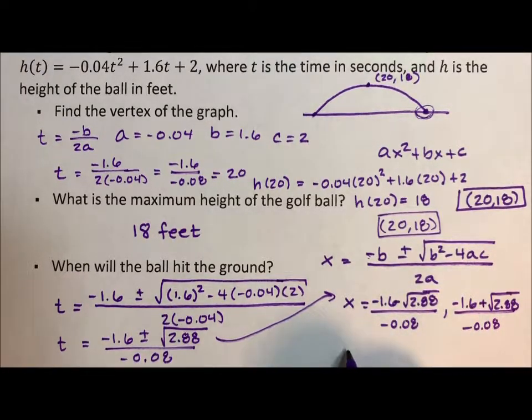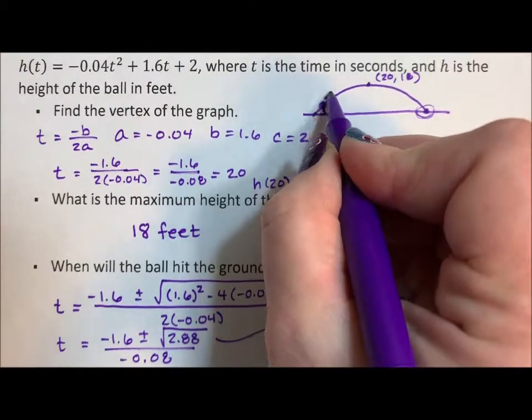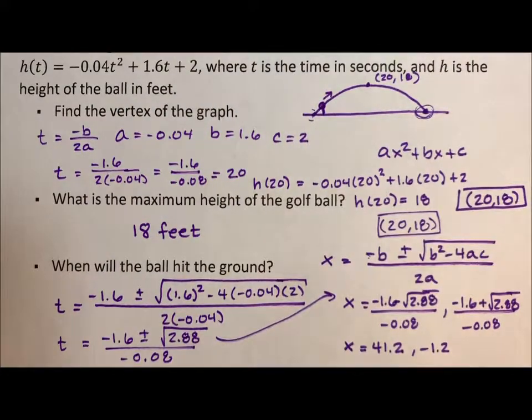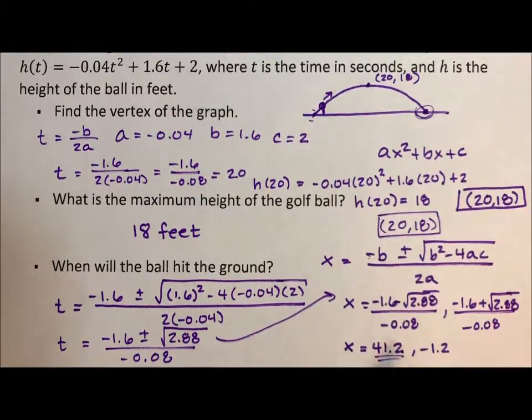If I throw each of these into my calculator, I get that t is equal to 41.2 or negative 1.2. And that's because she's really hitting the ball at this point. If she hit it backwards at the exact same angle and everything, it would hit the ground behind her. But this is the real time.